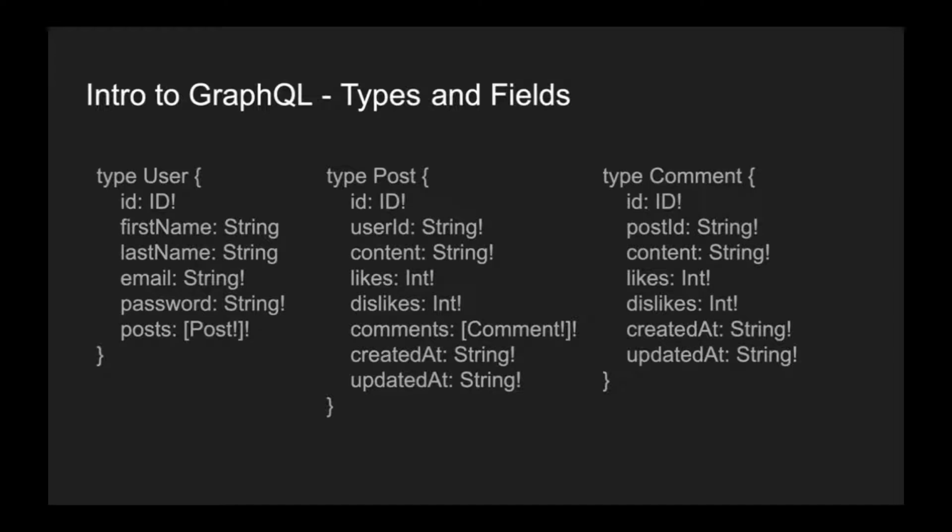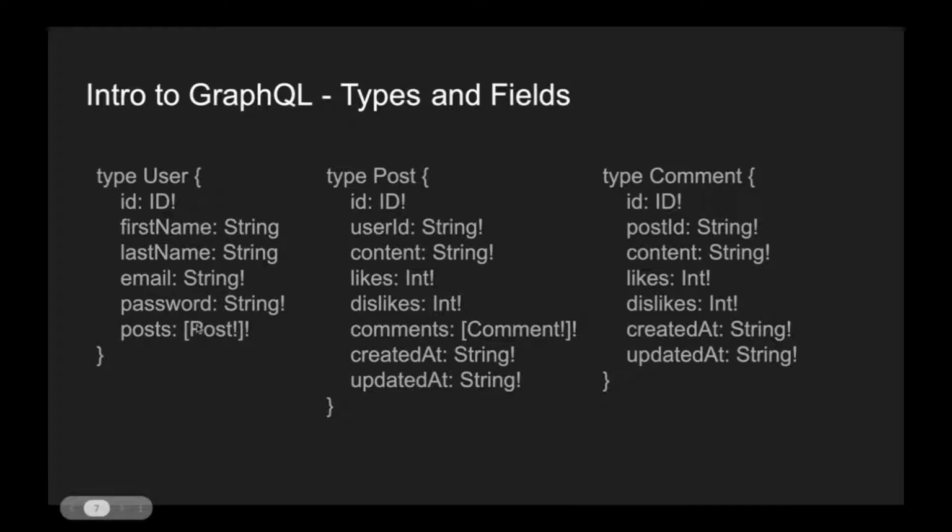So that's an example of where it could be null. Alternatively, you could make first name and last name non-nullable, and if the user didn't enter a first name and last name, you could just put in an empty string. So that's another way to go about it. I'm also saying they have an email, which is a string that'll never be null, a password, a string that'll never be null, and then a list of posts that the user made.